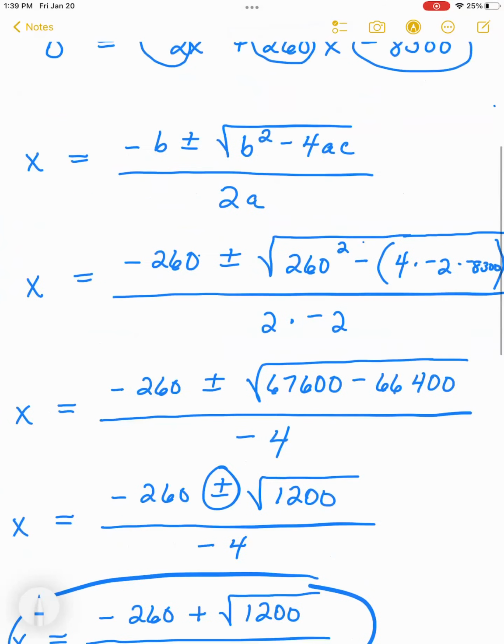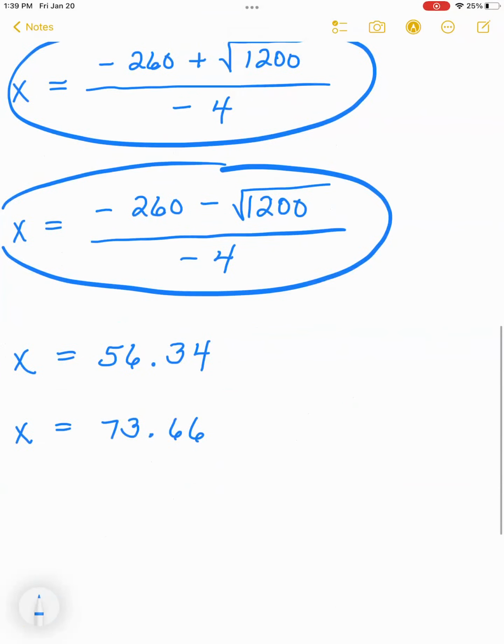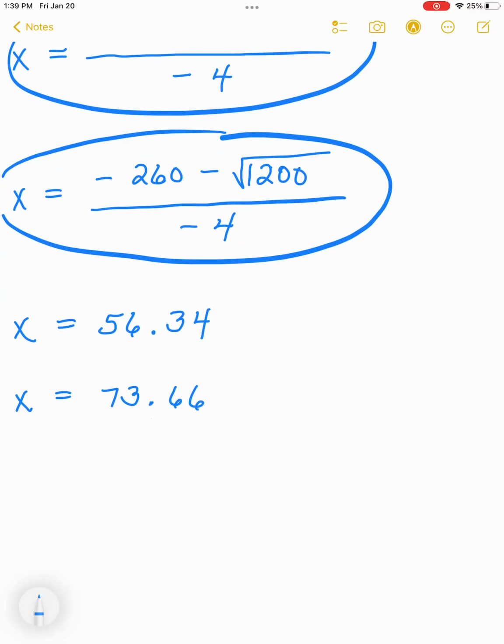Let me think about what this is telling me. So remember now the x is in thousands. So what this represents is that if the theme park sells approximately 56,340 tickets, and we have rounded this off a bit, somewhere around 56,340 tickets, then they will have a positive profit of $800,000.